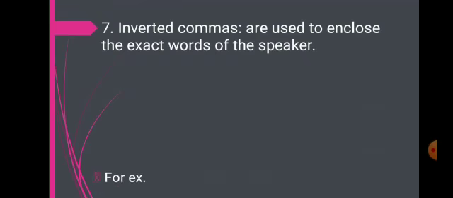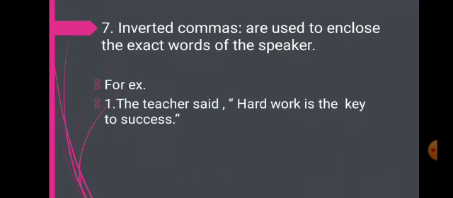Next is inverted commas. Now inverted commas are used to enclose the exact words of the speaker. If we want to say what the speaker has exactly said without changing the wordings, then we put that wording in inverted commas.